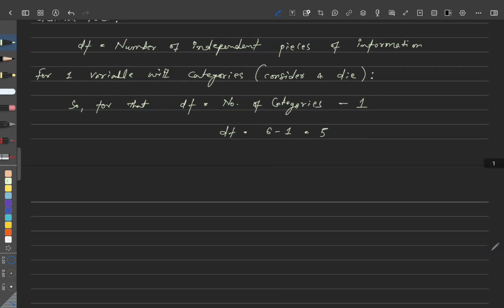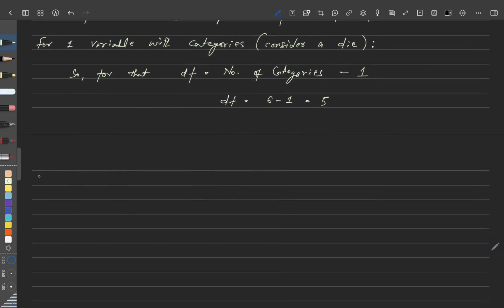Now for two-way tables, and we would cover what two-way tables mean in this video itself, and then you would understand more.